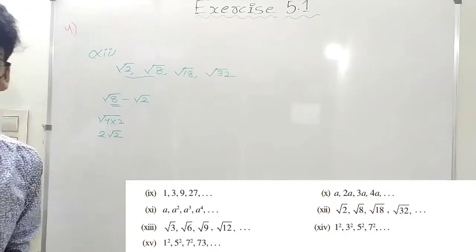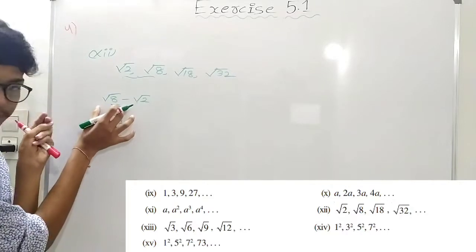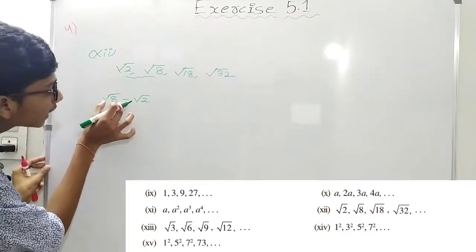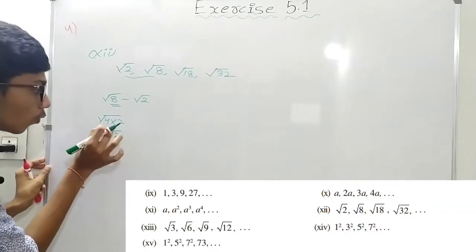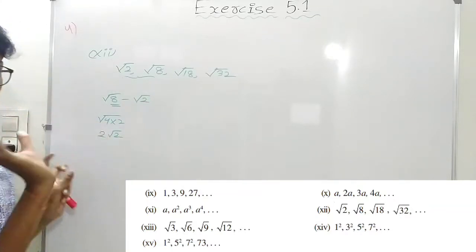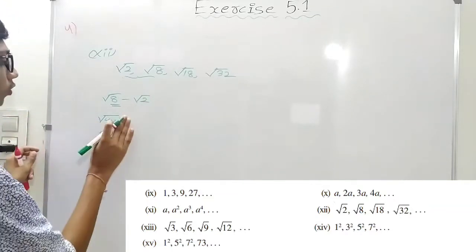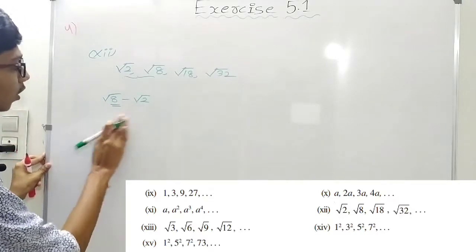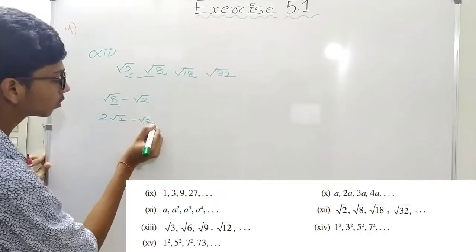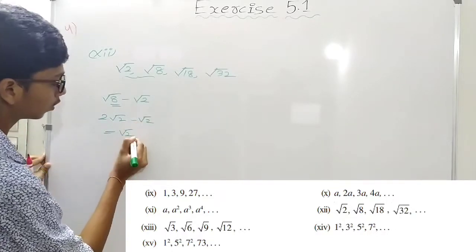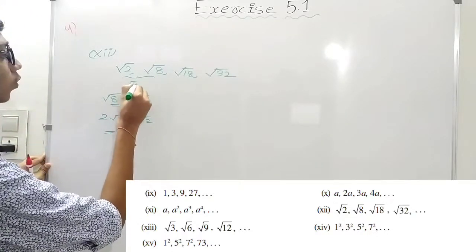So simply, root 8 can be written as 2 root 2. 2 root 2 minus root 2 is root 2. So here the difference is root 2.